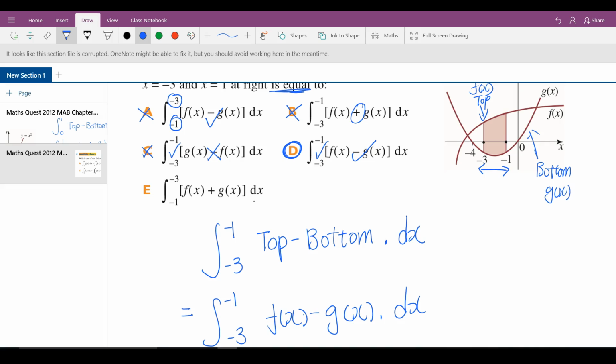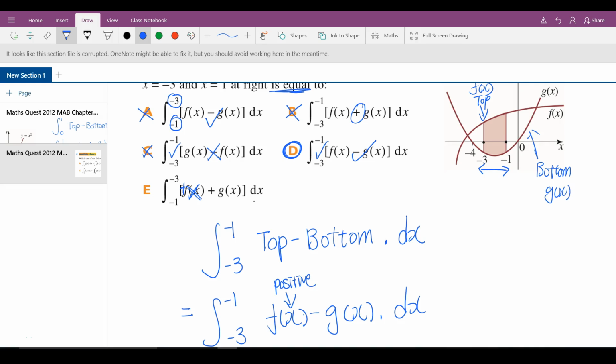All right, last one, option E. So they flipped the domain. Okay, let's see, did they flip the inside? So inside is f and g. F of x is still positive, but they flipped the g of x to a positive. But the f of x is not right. If you flip the domain, the f of x should be a negative, because in the original equation it is positive.